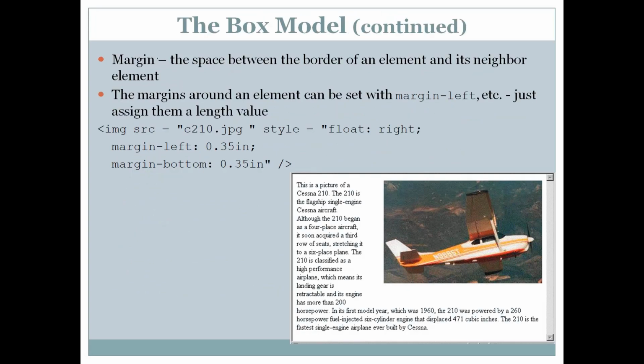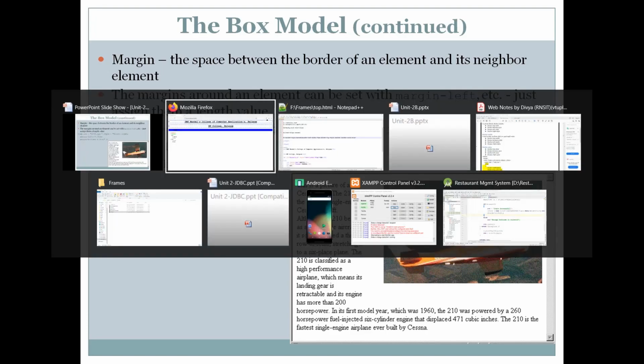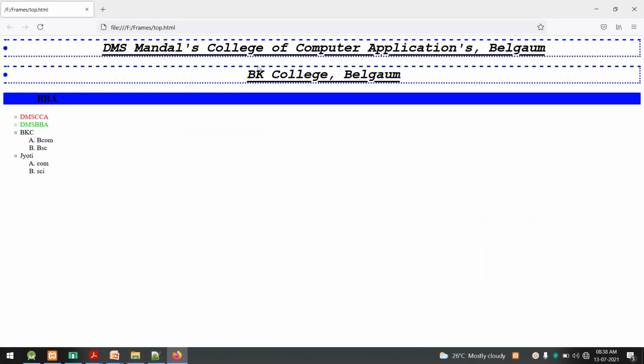Then the margin, the space between the border of an element and its neighbor element, is called a margin. The margin around an element can be set by using margin left, etc. Just assign them a length value. For example, we have two adjacent elements here.